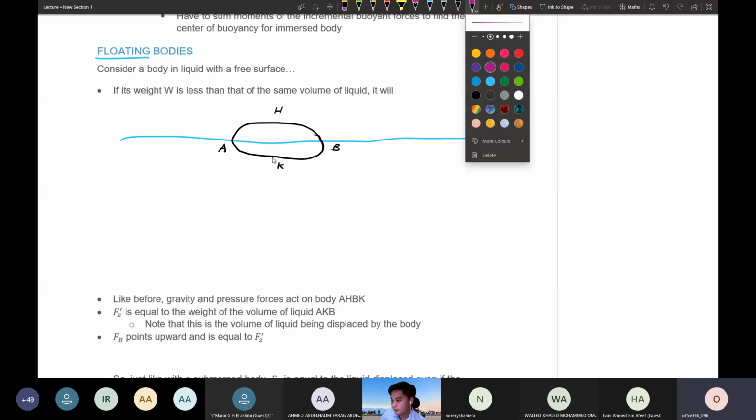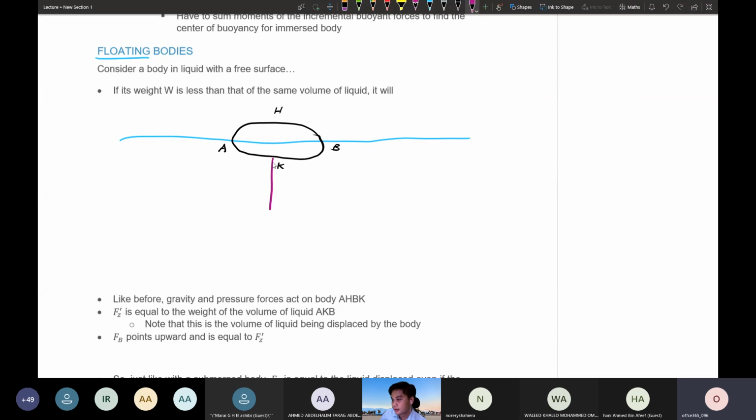So we have the force F pointing upward, equal to the weight of this body. Do we have any other forces?